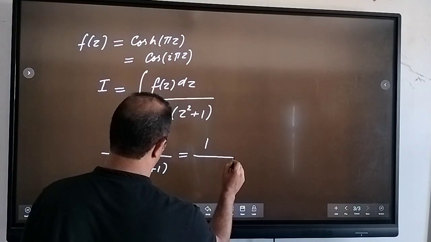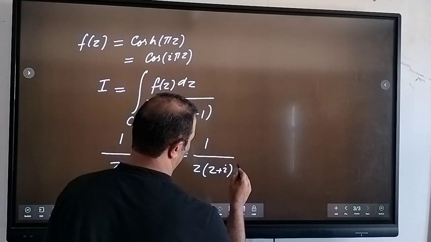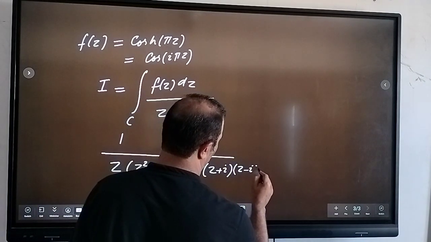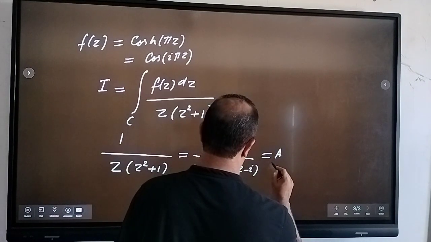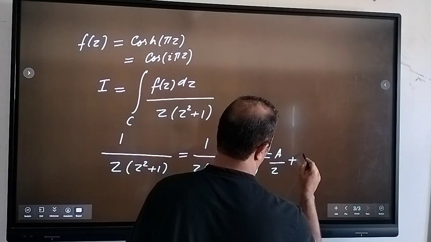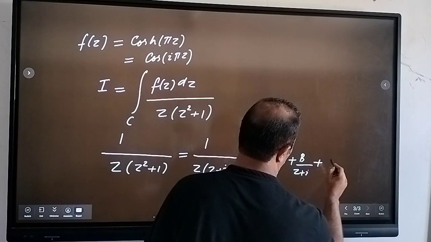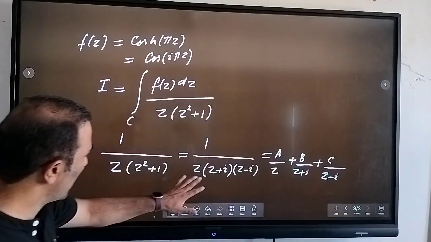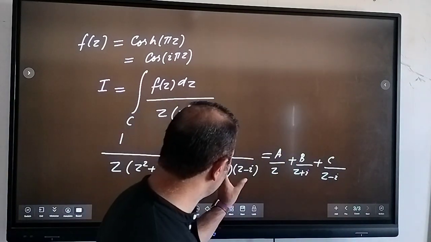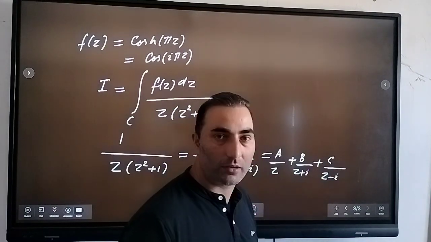That's 1 divided by... So this will be equal to... So simply use the method of partial fractions here. So this will be a by z plus b by z plus iota and c divided by z minus iota.